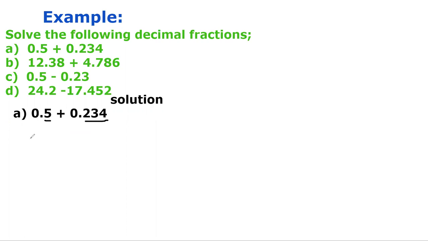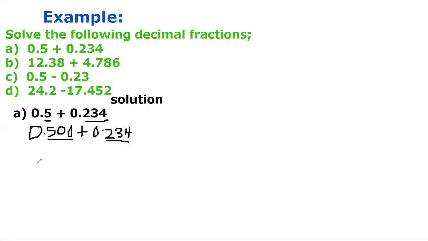Okay, so we have 0.500 plus 0.234. When you finish balancing them, you can see that they all have the same number of decimal places.